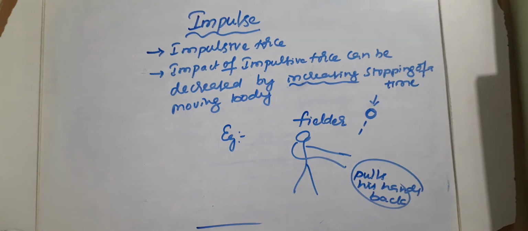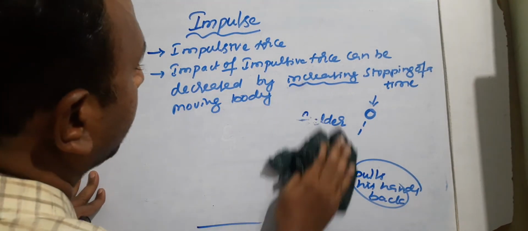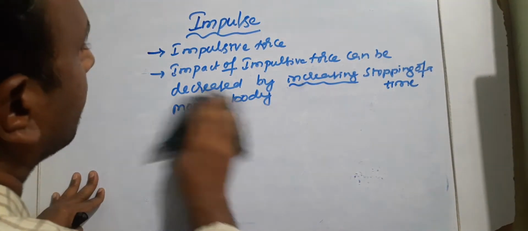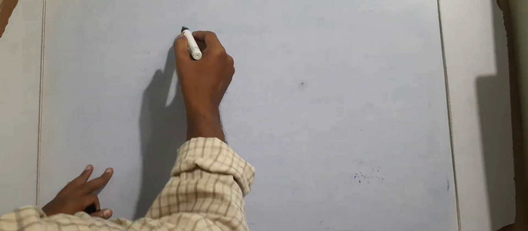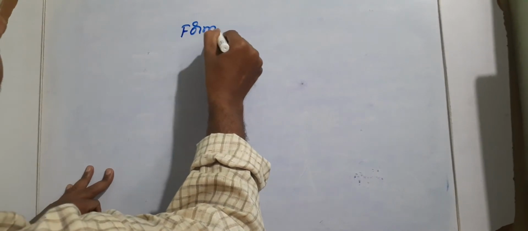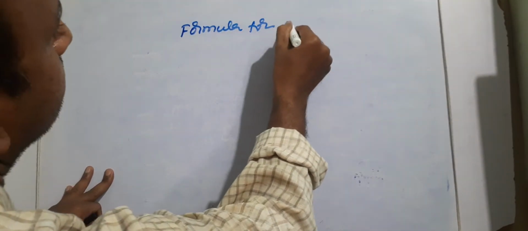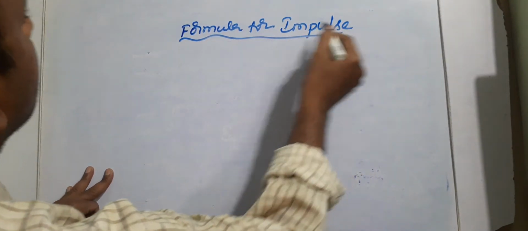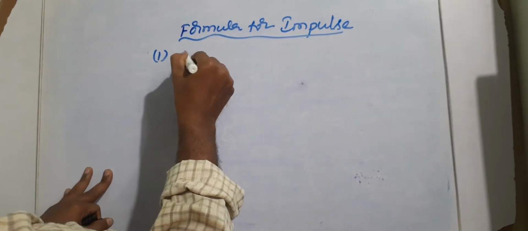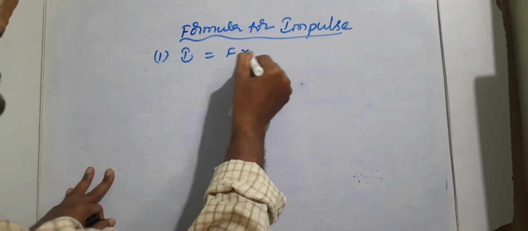Students, now we have various expressions showing the formula of impulse. What are the various formulas for impulse? From the definition we know, students, I is equal to F into t.